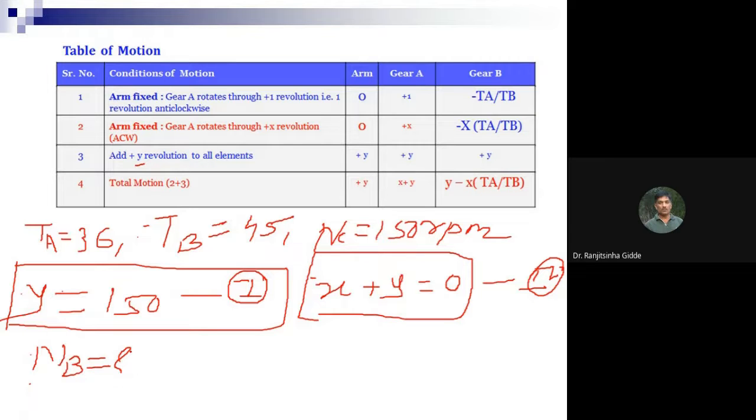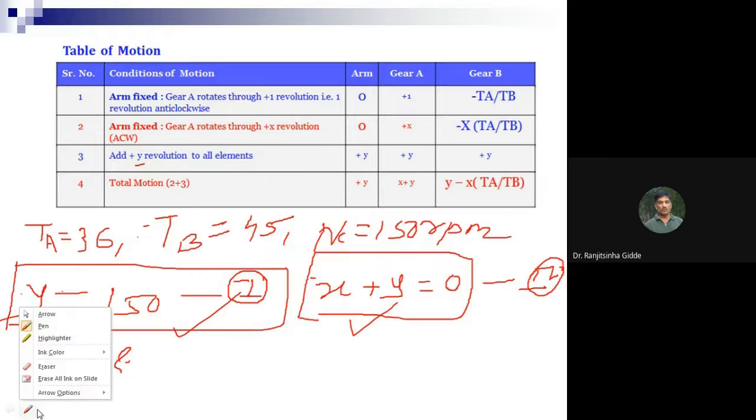For this, this is given and x plus y is given. So x plus y is equal to 0.